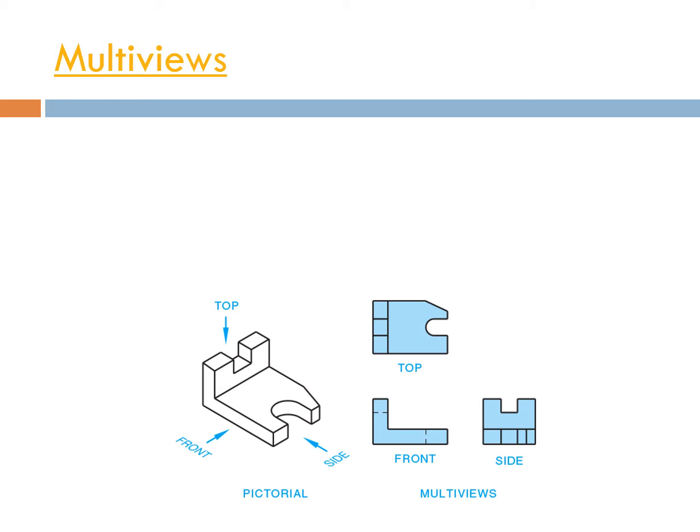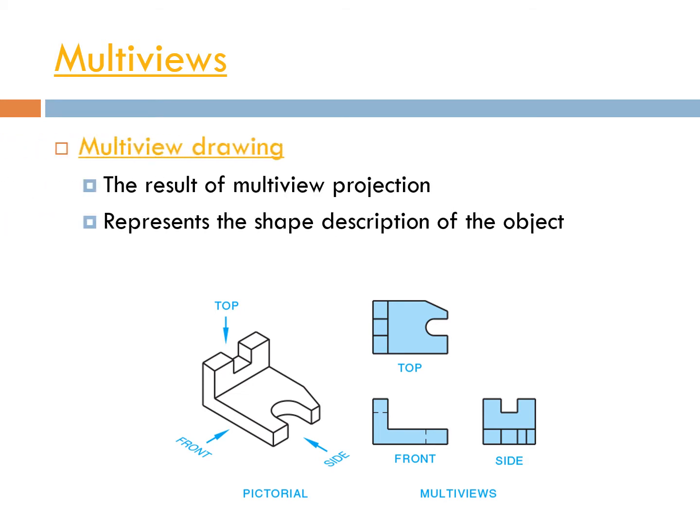So when you draw a multi-view, let's introduce what a multi-view is. A multi-view means you have several different views, and what are the names of those views? On this picture over here, we show you a pictorial, and we also show you the multi-view. The pictorial is more like a three-dimensional drawing. The multi-view is a combination of two-dimensional drawings.